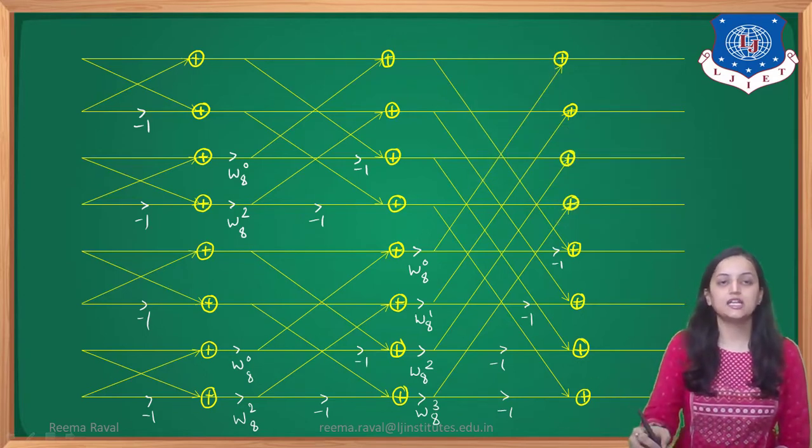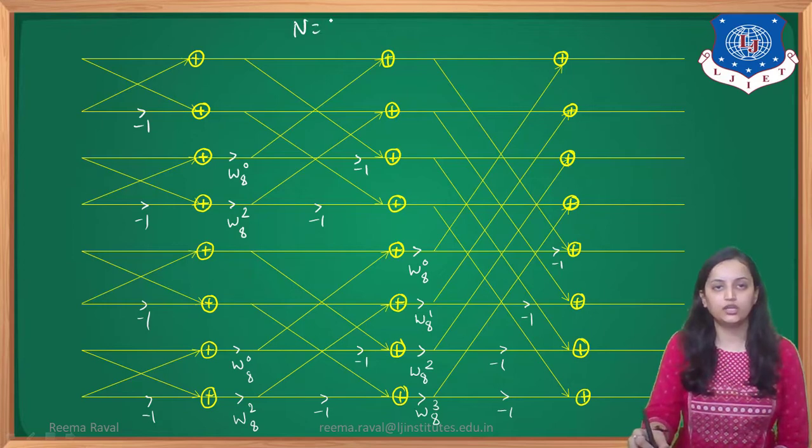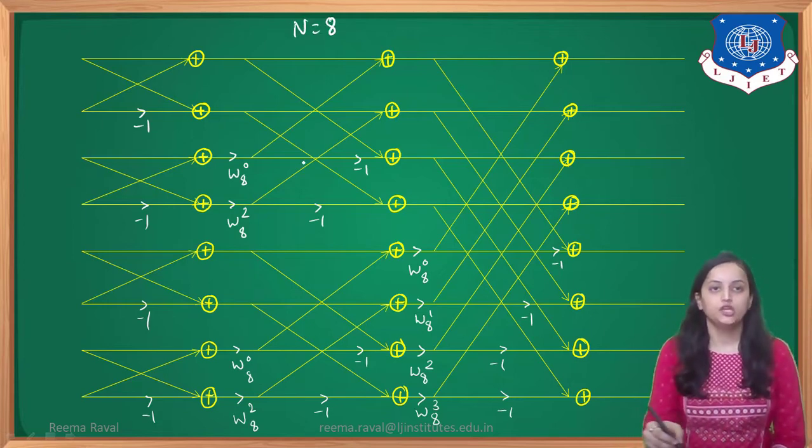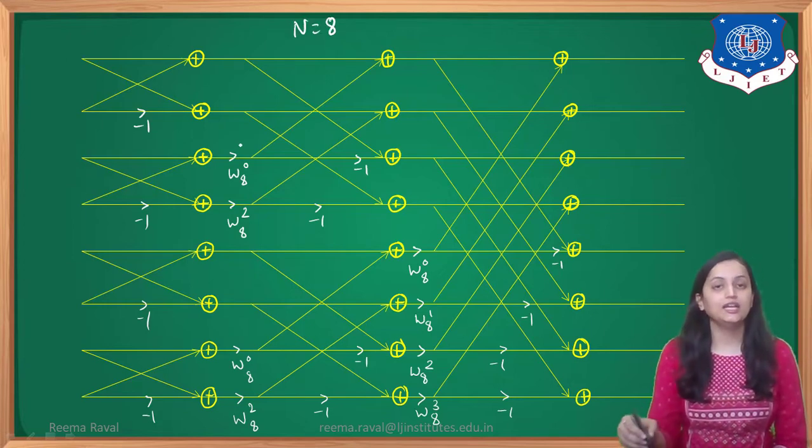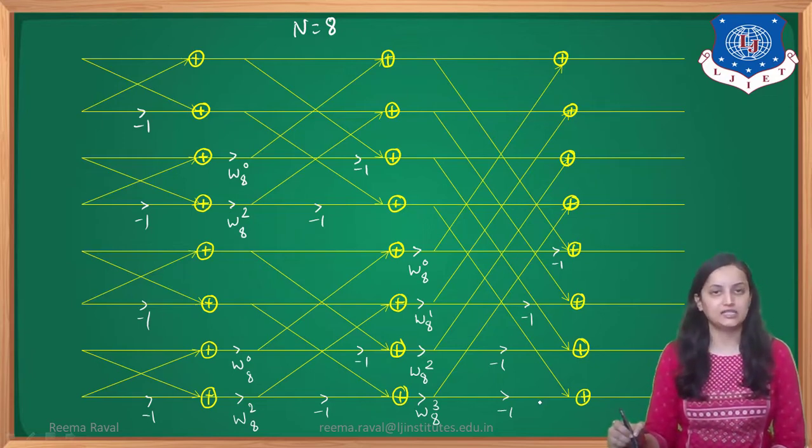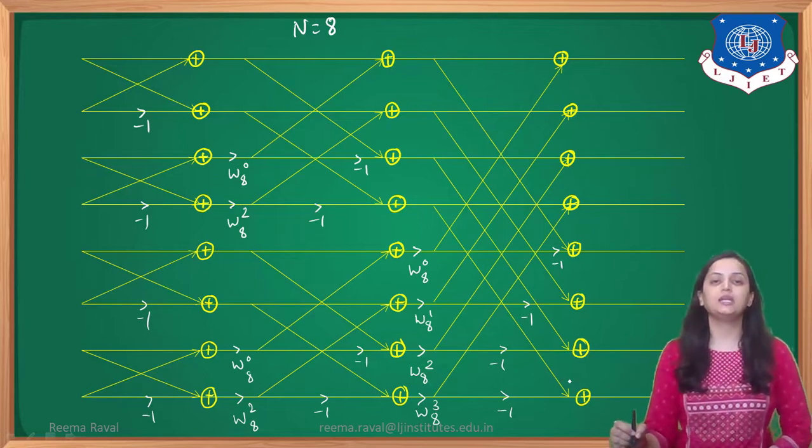So, this is for the 8-point Radix2 algorithm, n equals 8. That means for 8 points. As you can see here, there are 1, 2, 3, 4, 5, 6, 7 and 8 lines. This is referred to as the 8-point DIT FFT algorithm.